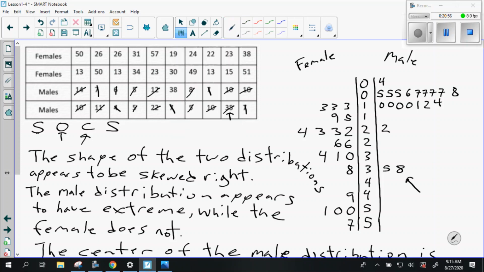But let's go with 3|5 represents 35 pairs of shoes. All right, we have done it. My key is in a box-ish. I don't know if you call that a box.